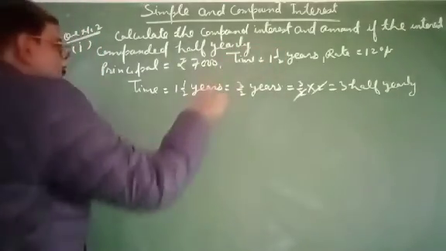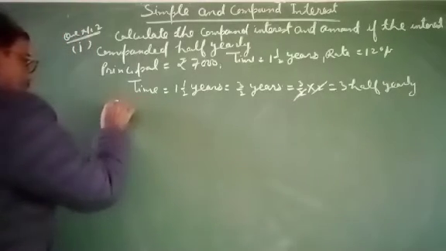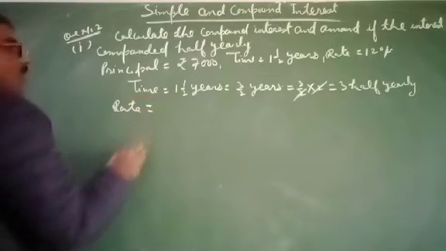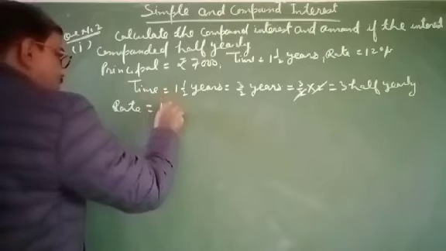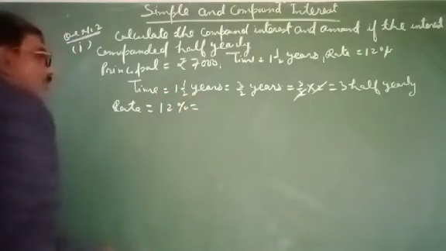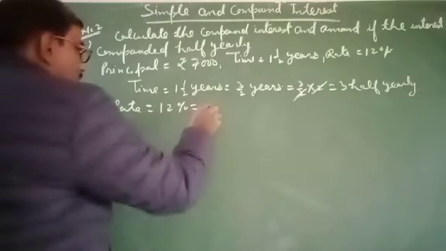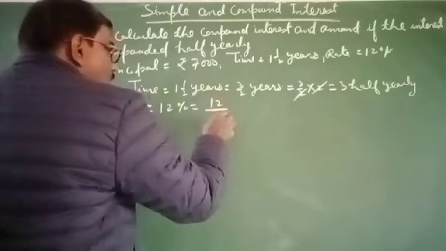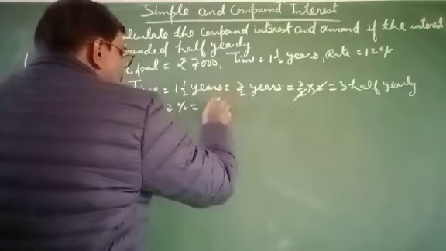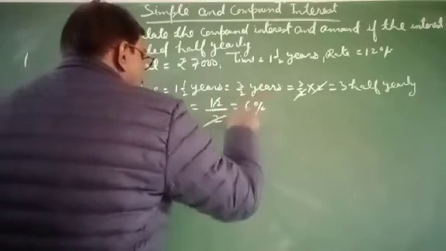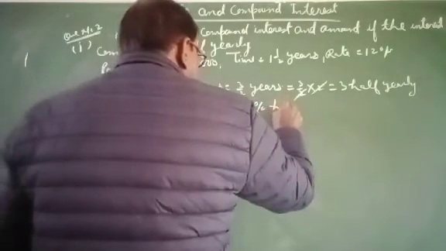Now rate equal 12%. So I will divide rate by 2. 12 by 2 and we get 6% half yearly.